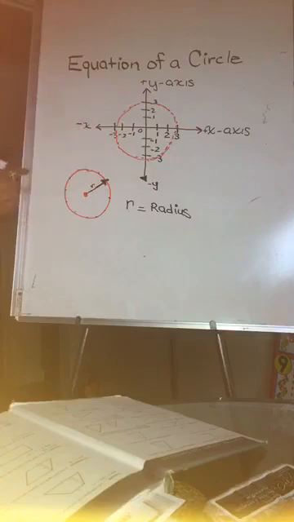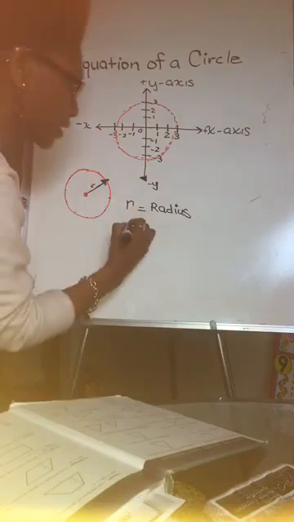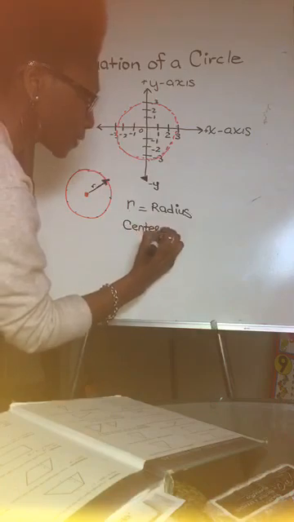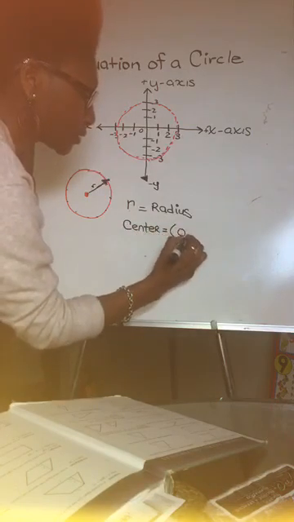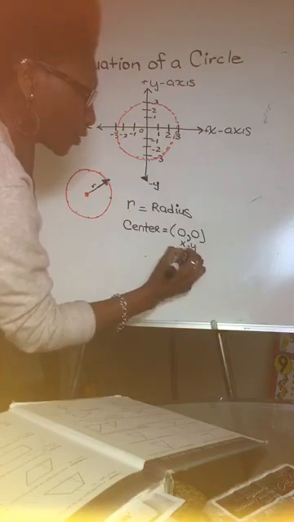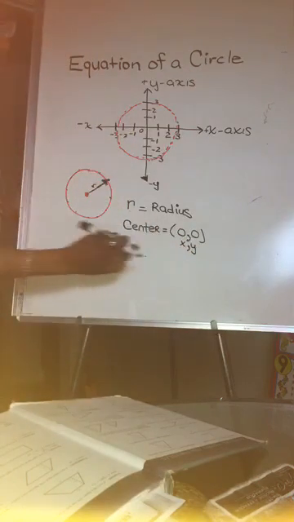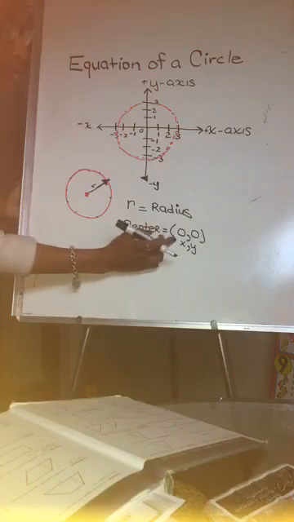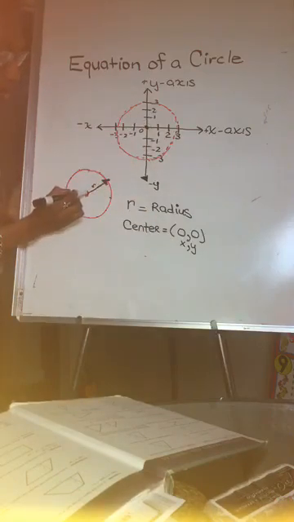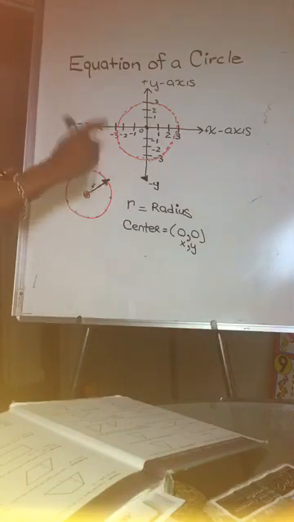That's your center point, so your center is equal to 0, 0. That is your X and Y coordinate of your circle. So the center of this circle is at 0, right in the center. And this is my center right here. Okay? And we have R.